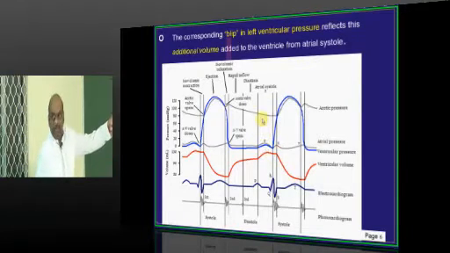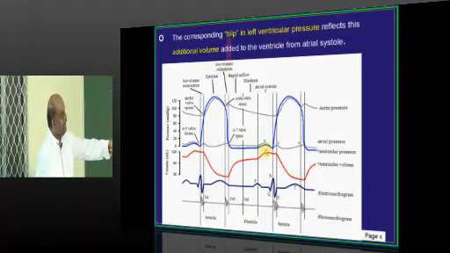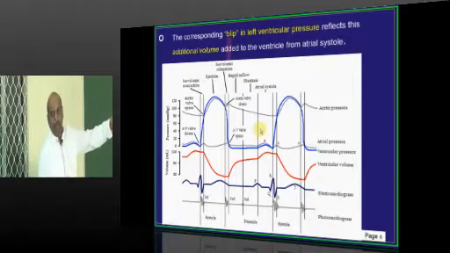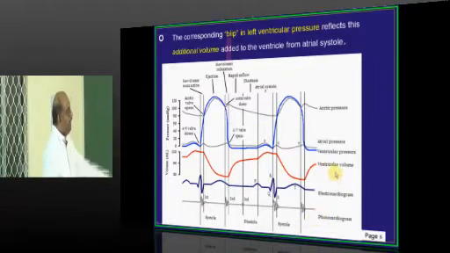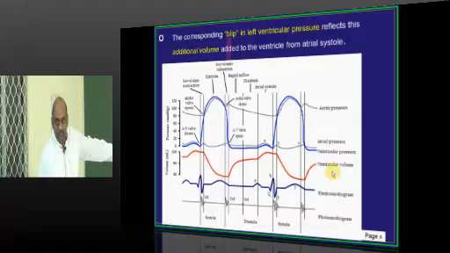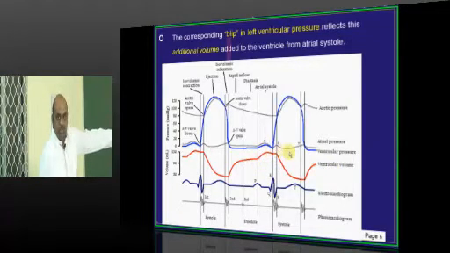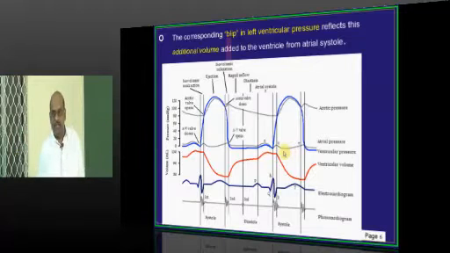There is a small kick, right? It got slightly elevated, right? So the left ventricular pressure tracing will show an elevated blip at the time of atrial systole. You agree with me? Then how is the ventricular volume? The ventricular volume during atrial systole will also show an increase, a rise.